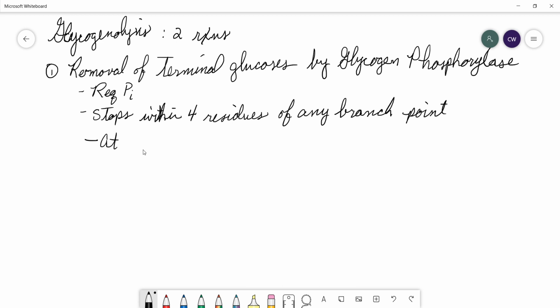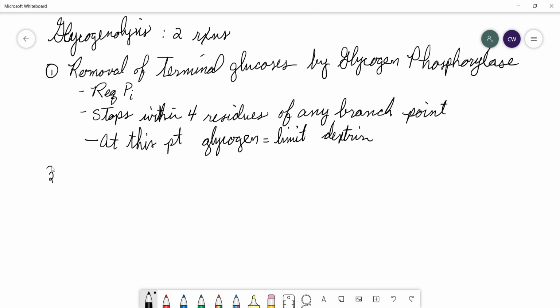Okay, and at this point, our glycogen is called a limit dextrin, because we've reached the limit of this enzyme's function.